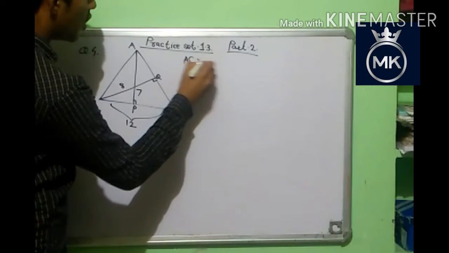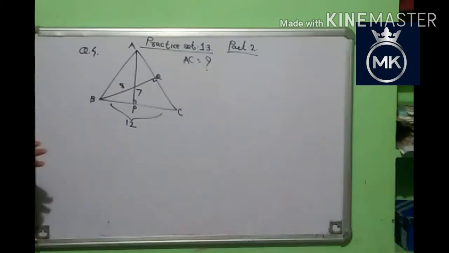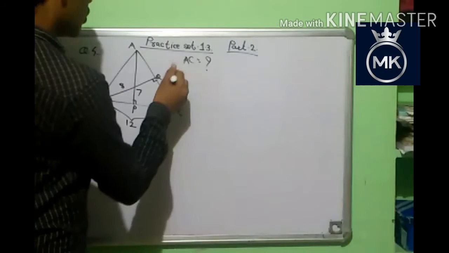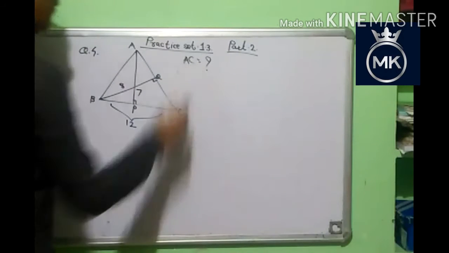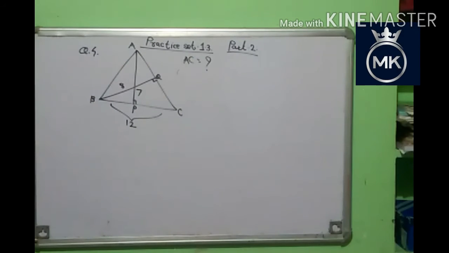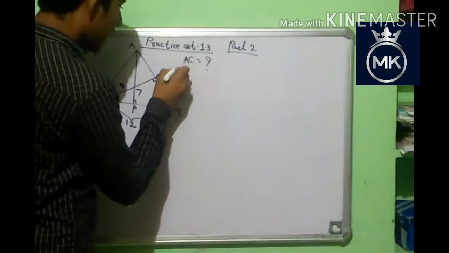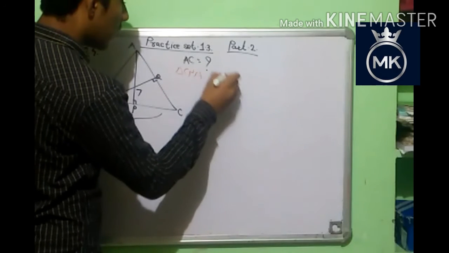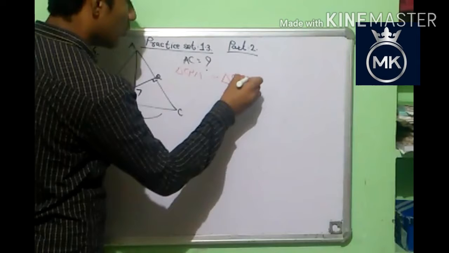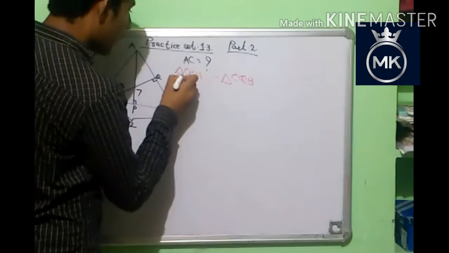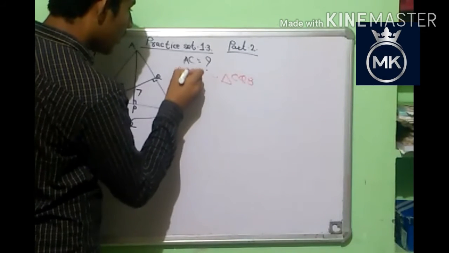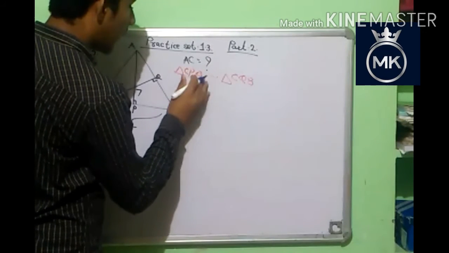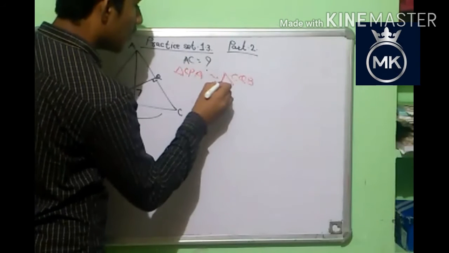We find the value of AC here, and we have to prove the similarity of triangle CPA to the triangle CQB. Please keep the book in front of you so it is easy to understand this solution.